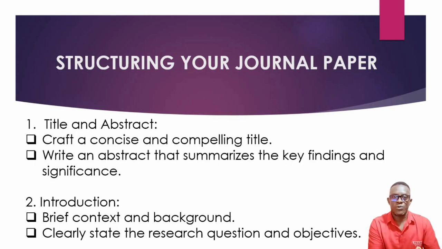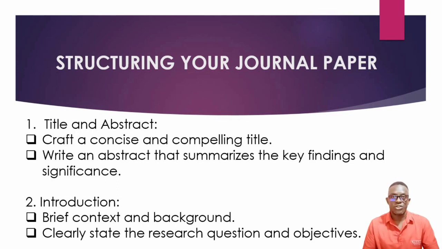This you will not have problem with because you already have a title for your thesis, which can just be adapted for your paper. Write an abstract, which is usually between 200 and 300 words, and make sure that the key findings are included. A few of the recommendations should feature in it, as well as what the paper is pointing out in terms of its significance.